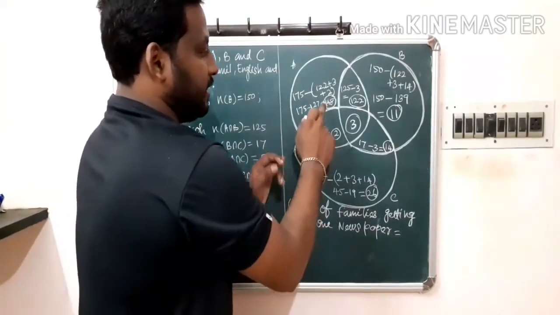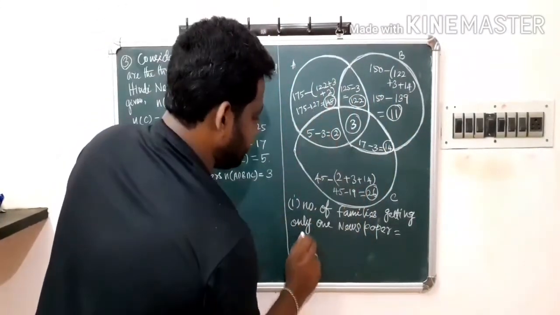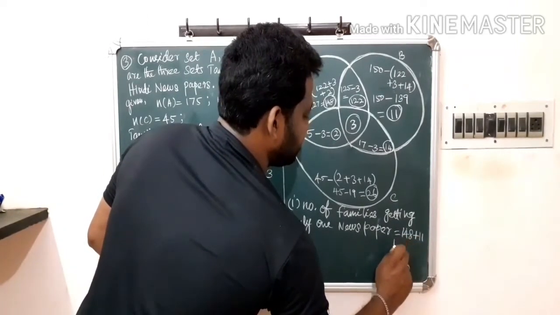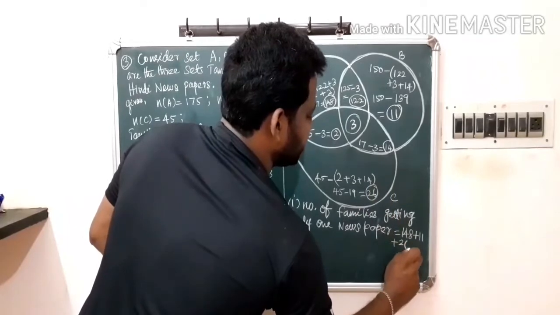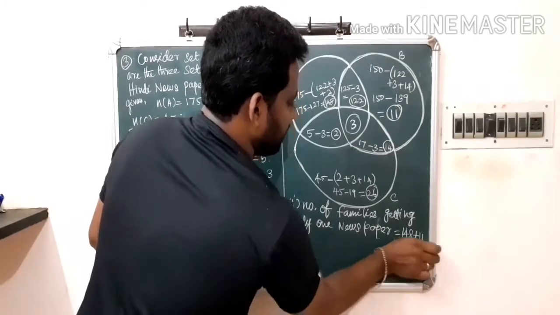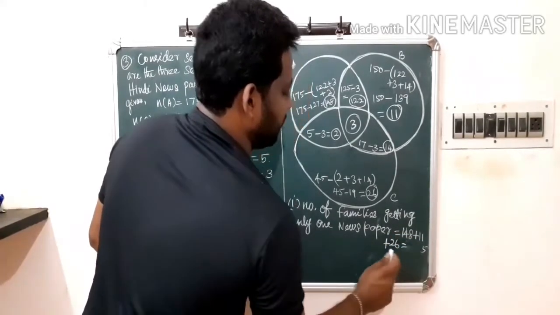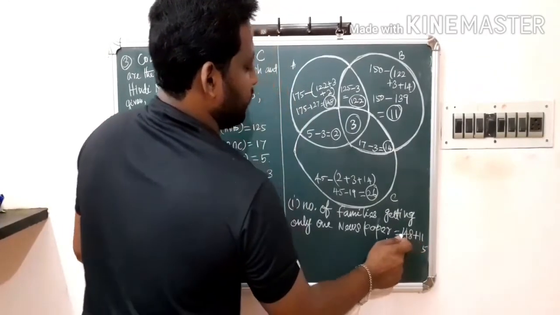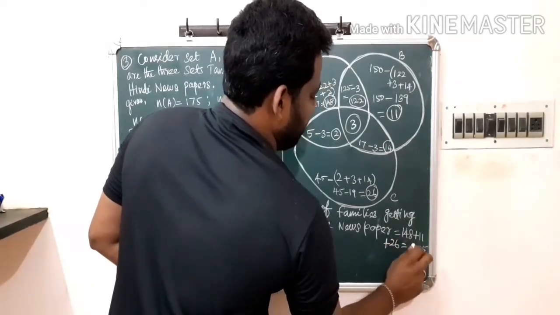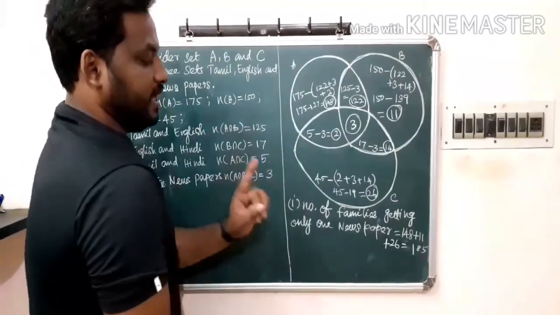That means Tamil alone, English alone and Hindi alone. 148 plus 11 plus 26. 8 plus 1, 9. 9 plus 6, 15. And the remaining, 4 plus 1, 5, 1 plus 1, 2. 185 families are getting only one newspaper.